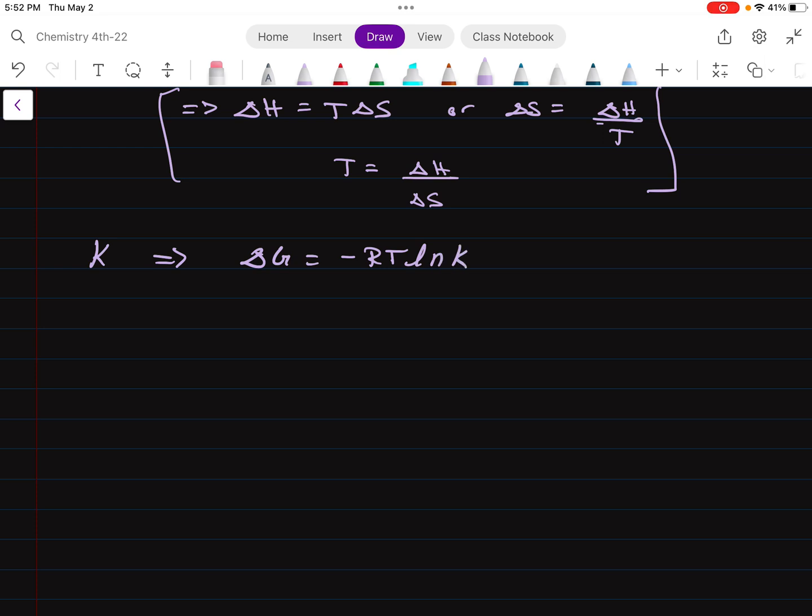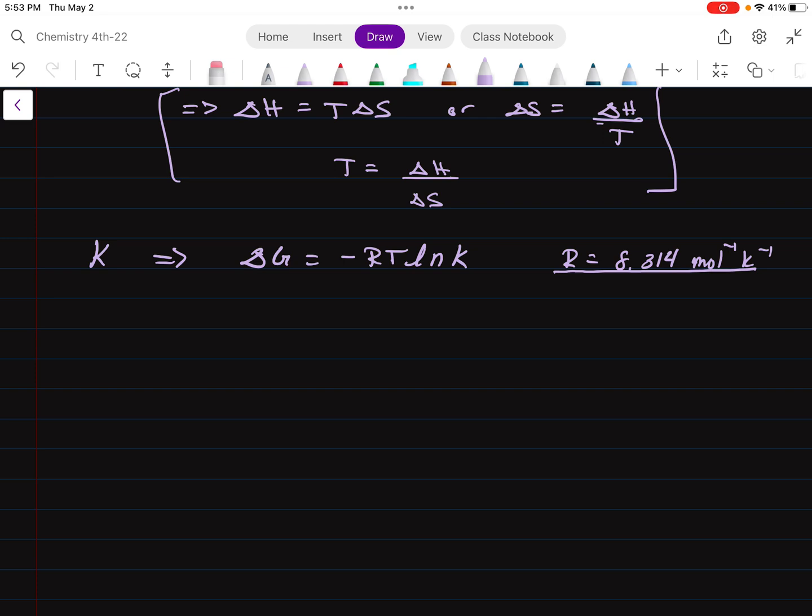So delta G in this case is equal to the gas constant R, which is 8.314 joules per mole Kelvin, times the natural log of whatever your equilibrium constant is. So this formula is going to be in your formula sheet, and I'm going to go over just a quick few examples of how we use this formula.